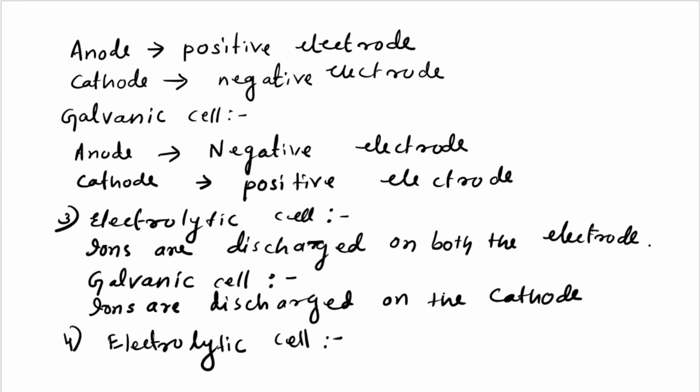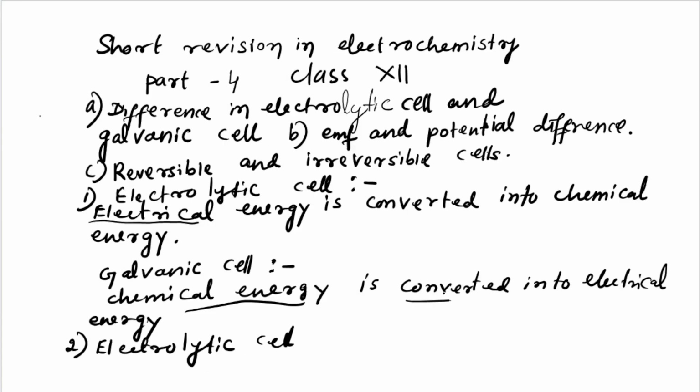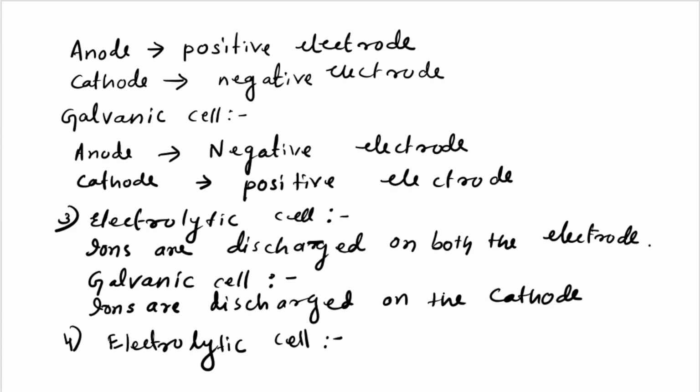Then come to the second point. In electrolytic cell, the anode is positive electrode and cathode is negative electrode. Remember, in electrolytic cell, anode is positive and cathode is negative.